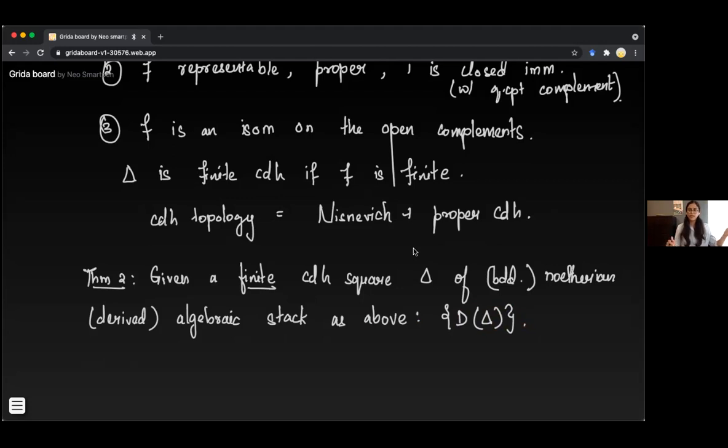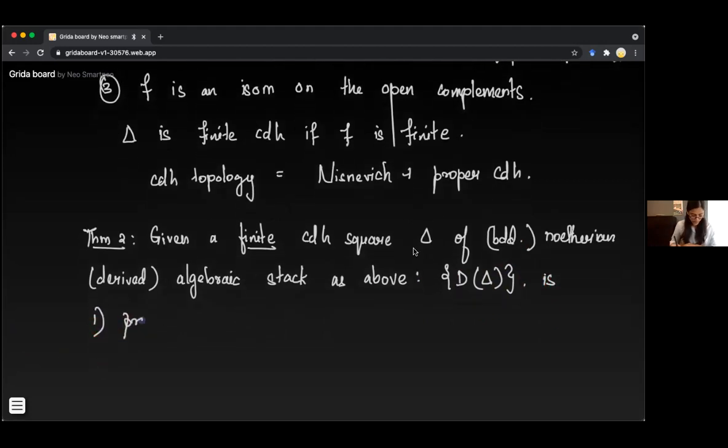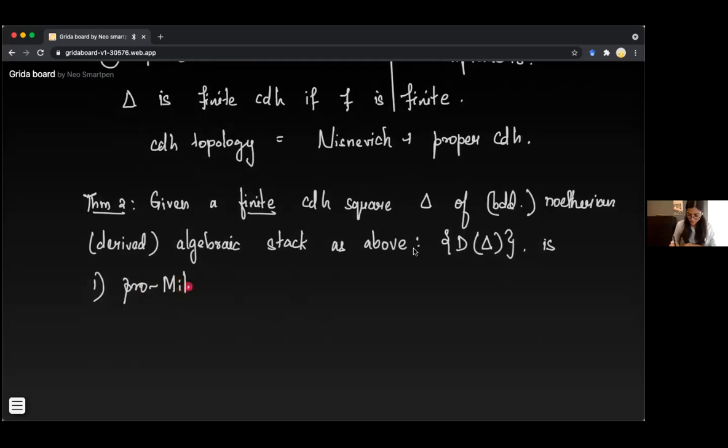And then we just apply that to say that you have an excision for pro-K-theory if you apply it to these derived categories. Then this is pro-Milnor and satisfies pro-base change.